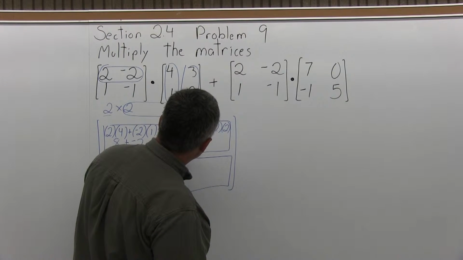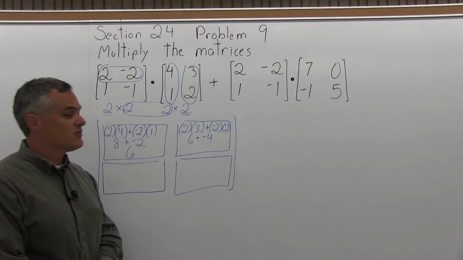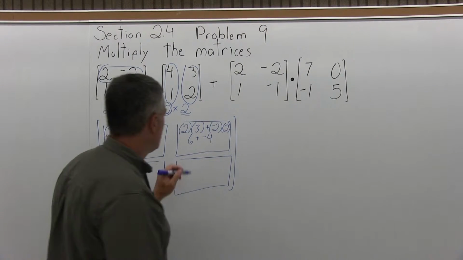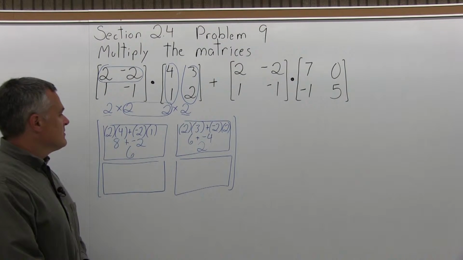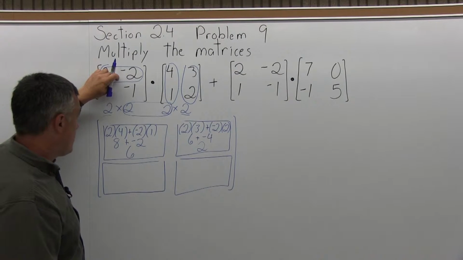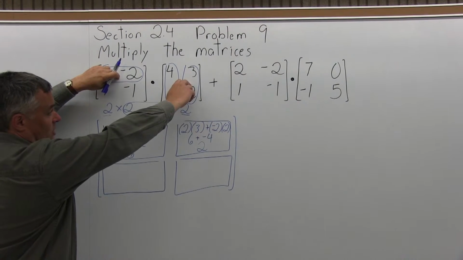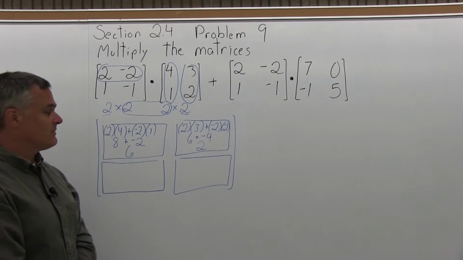And then second times second, -2 times +2 is -4. So 6 plus a -4 is really 6 minus 4, which is 2. And I got that answer by multiplying the top row of the first matrix times the second column of the second matrix. So my answer went in the top row and second column of my solution.